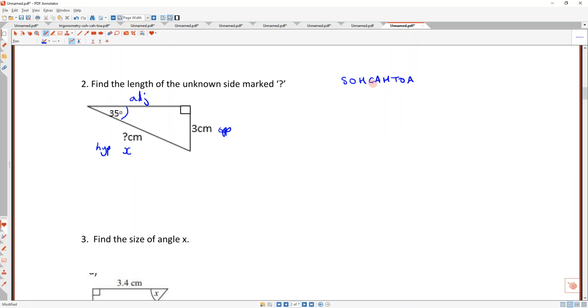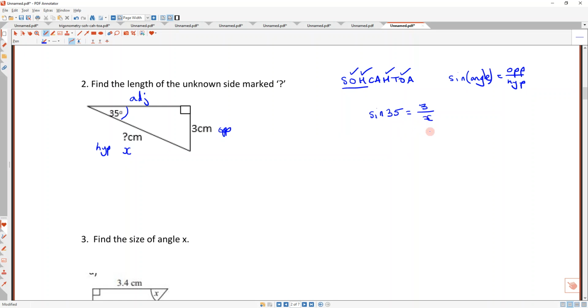So again, using our SOHCAHTOA, we know the opposite. We want to find the hypotenuse. So I've got 2 ticks beside sine. Formula is sine of the angle equals opposite over hypotenuse. So sine 35 equals opposite, which is 3, divided by hypotenuse, which is what we want to find out.